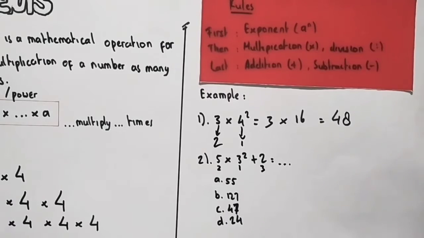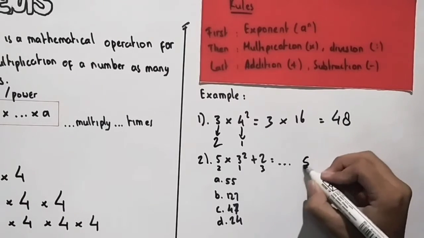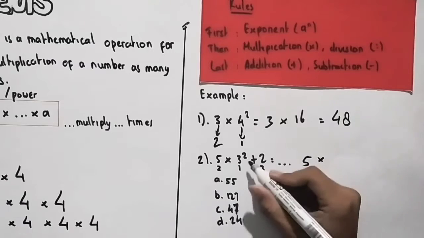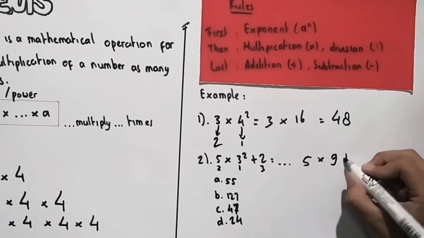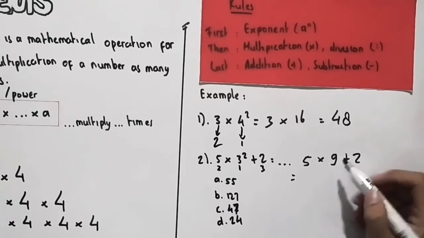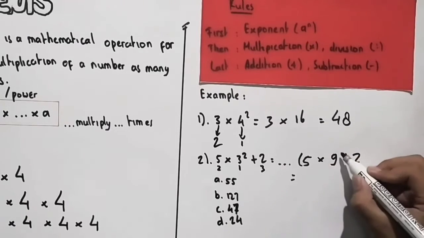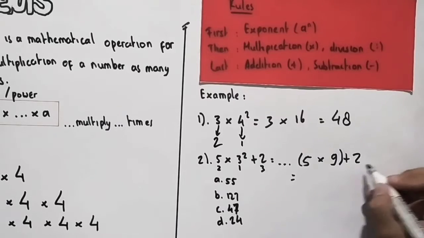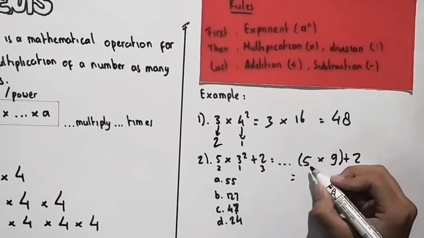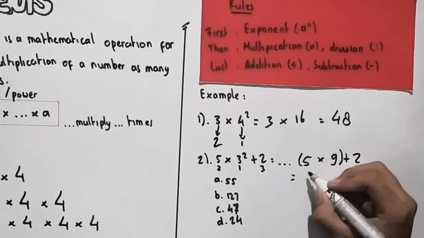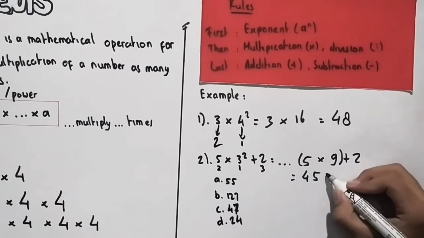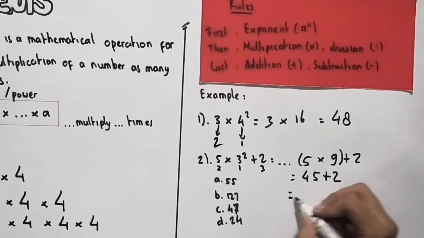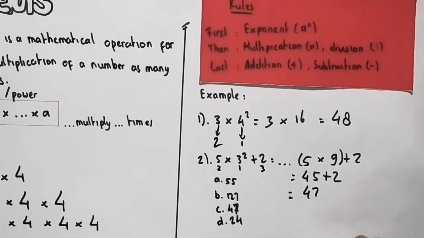So 3 multiplied 2 times is 9. Then we multiply first and then add. So 5 times 9 is 45, and then 45 plus 2 is 47, and then the answer is C.